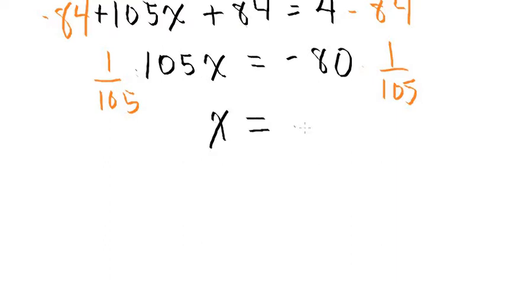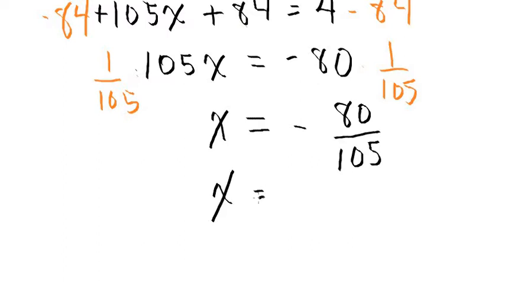We're all grown up now. And we can go ahead and rewrite this as negative 80 over 105. Now 5 goes into both 80 and 105, so we should be able to reduce that down somewhat. So we have x is equal to negative 16 over 21 there.